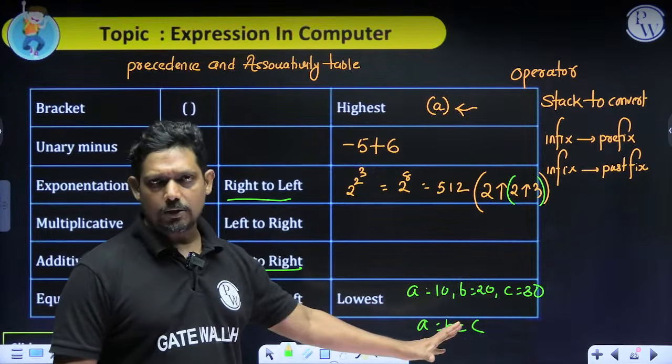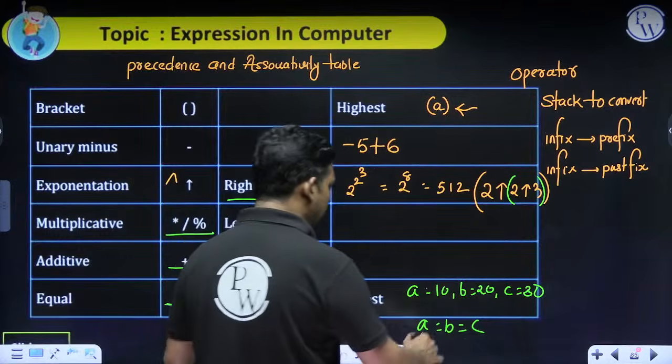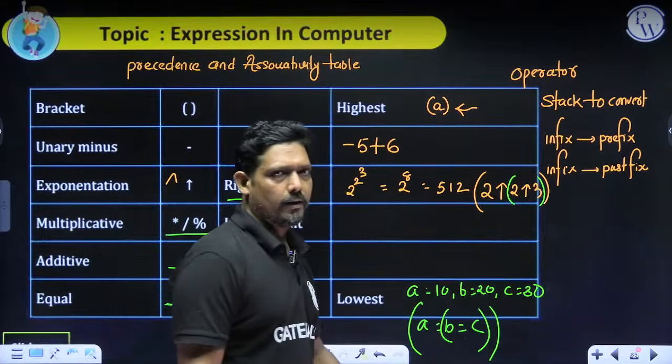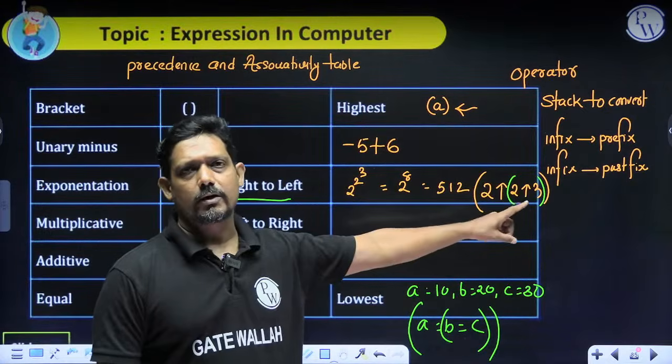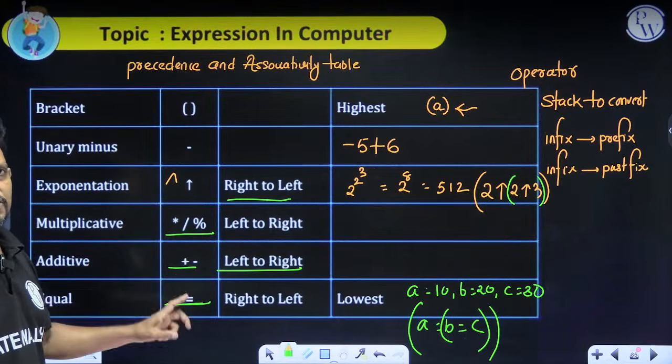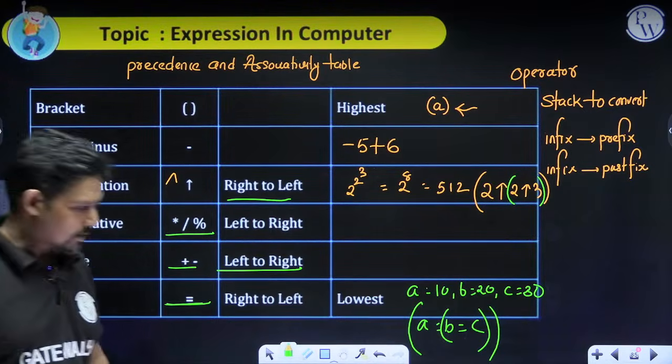All should be assigned 30. So the interpretation will be like this. This is how it will execute. Two operators are right associative: exponentiation is right associative and equal to is right associative.